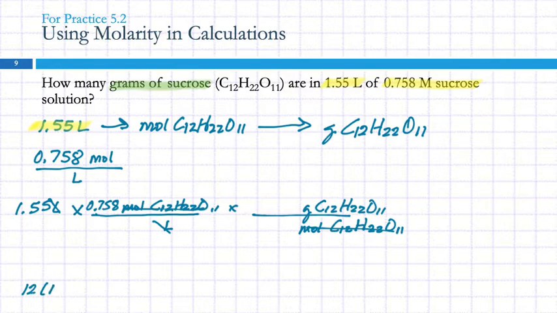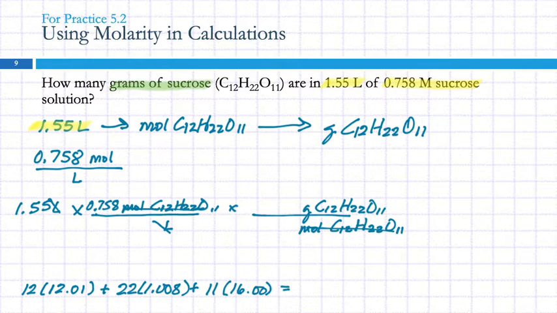12 times 12 and 22 times 1.008 and 11 times 16. I also saw a lot of mistakes on molar mass calculations, which is really understandable because there's a lot of numbers here.